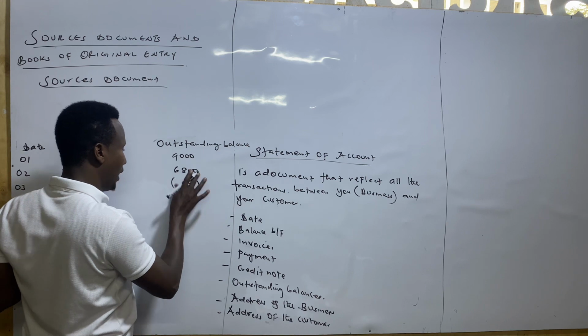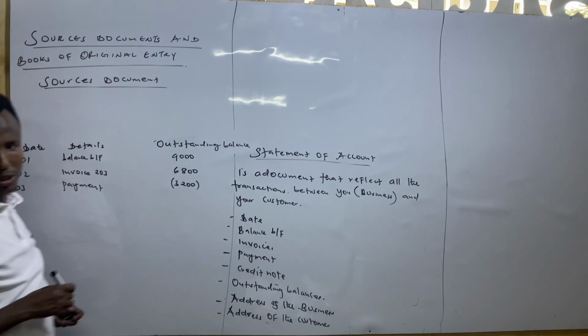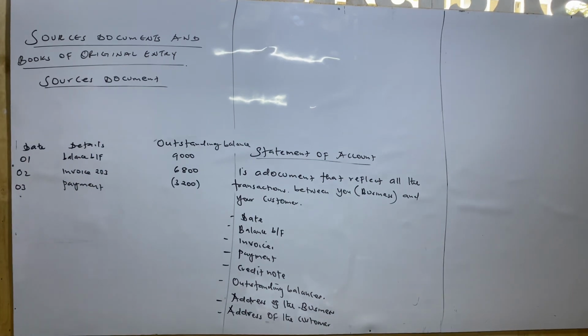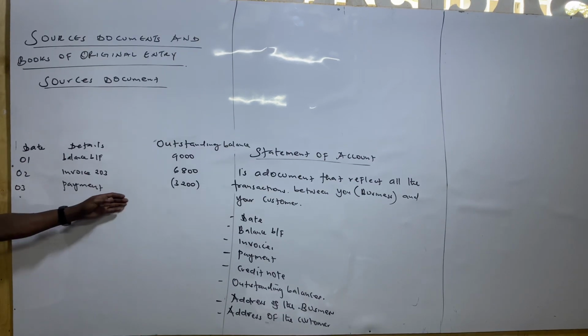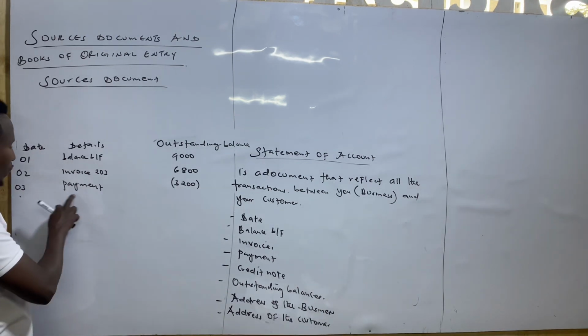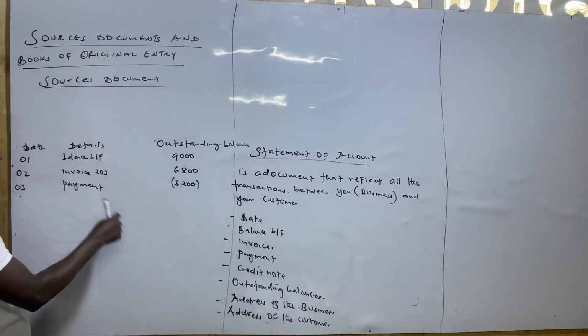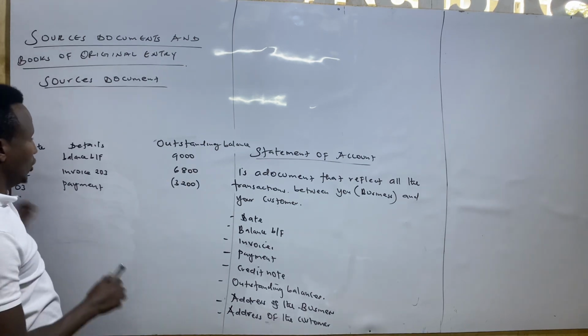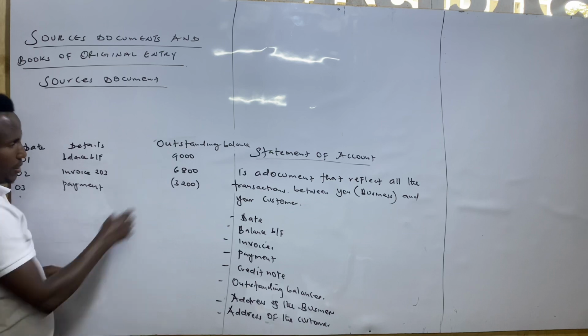Let me put this figure in brackets. And don't forget that an invoice will always increase the balance, so we will add this, and then we subtract the payment.